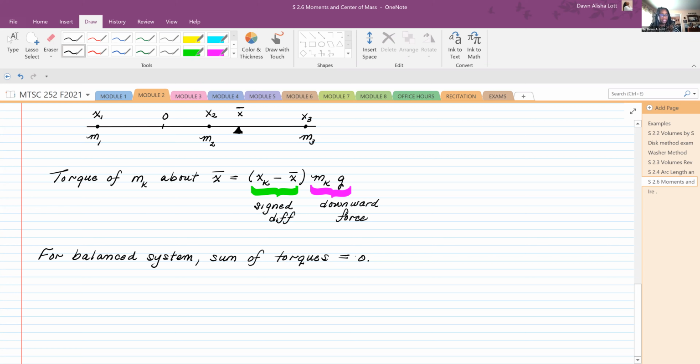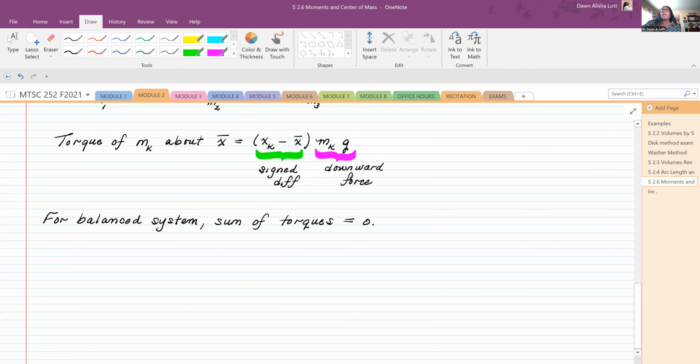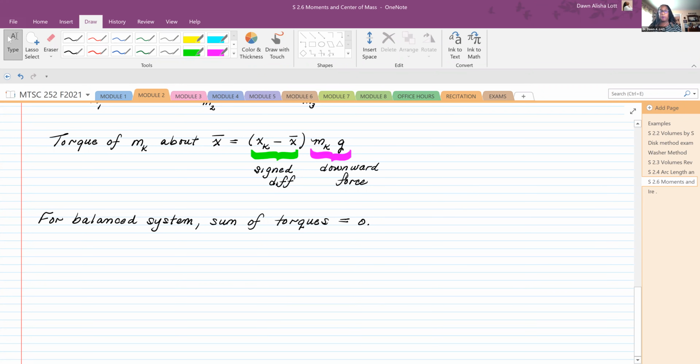That's the basis of what I'm trying to do. So now I'm going to solve for what X bar must be. Based on how much each child weighs, and how far they are from this X bar, I can determine what X bar has to be.